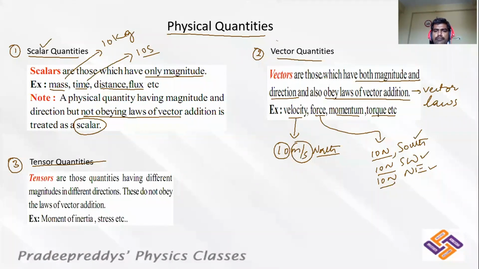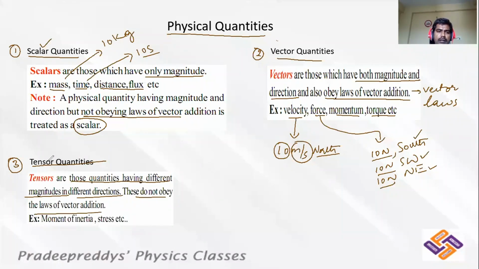Whereas those quantities which have both magnitude and direction and can be expressed with vector laws are known as vector quantities. And there are a few other physical quantities which have different magnitudes in different directions, and these do not obey vector laws.